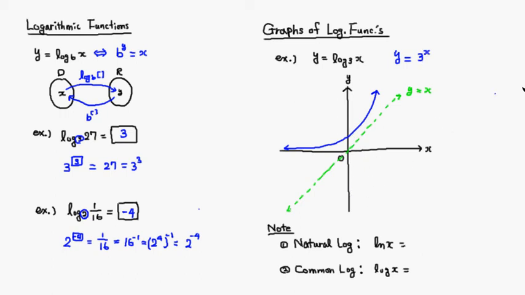I think it's going to look somewhat like this. Let me redo that. So go here and go somewhat like that. This is the graph of y equals log to the base 3 of x.